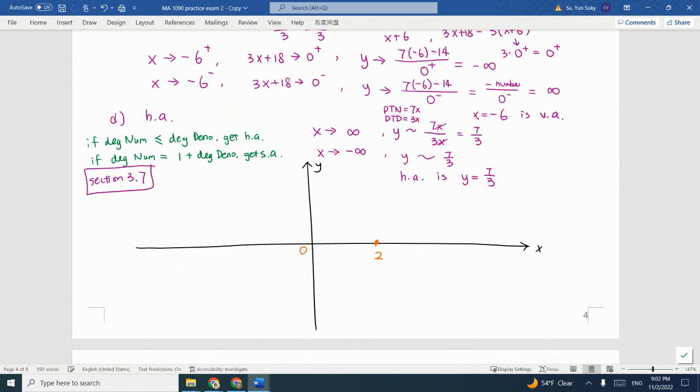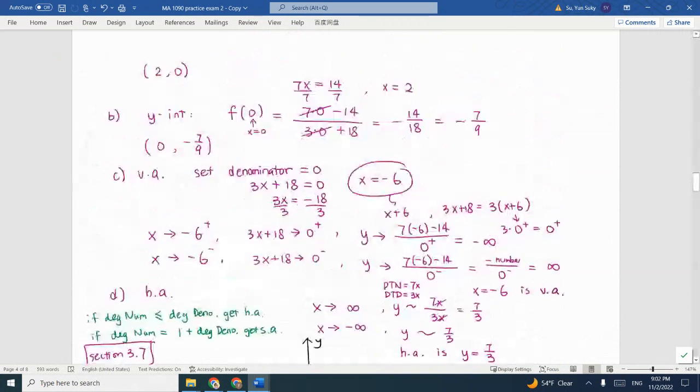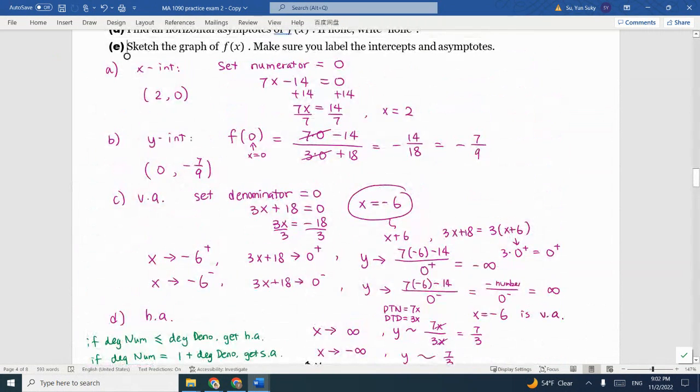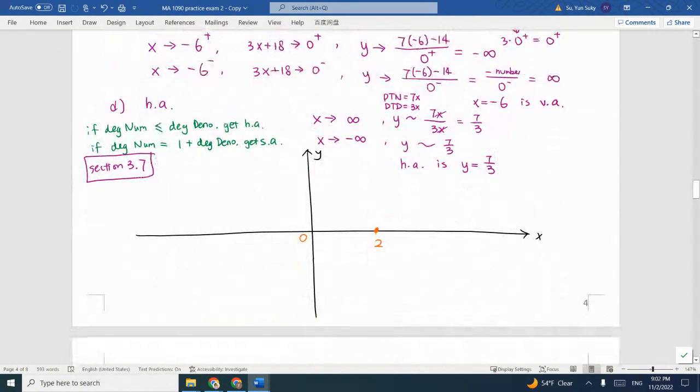Just put one point and label it. That's 2. You can make the graph simple. And then the y-intercept is 0, negative 7 over 9. So we know it's negative. We just put a number here and say this is negative 7 over 9. That's the y-intercept.